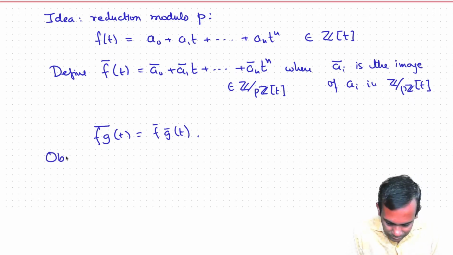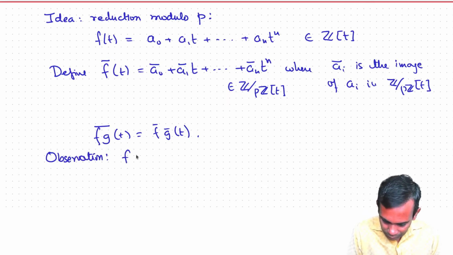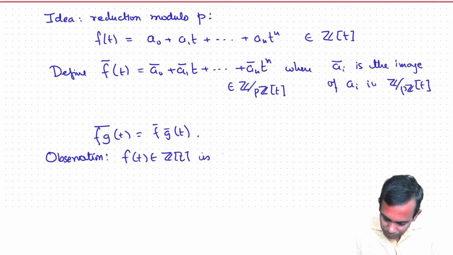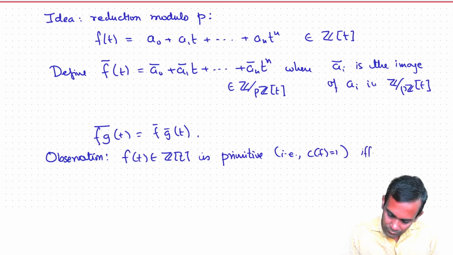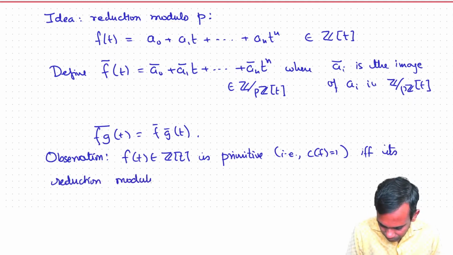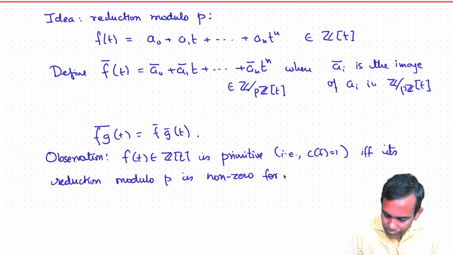So the observation is f(t) belonging to Z[t] is primitive, i.e. it has content 1, if and only if its reduction mod p is non-zero for every prime p.